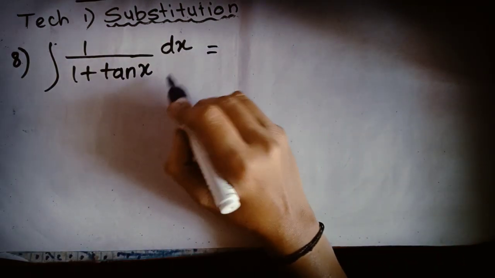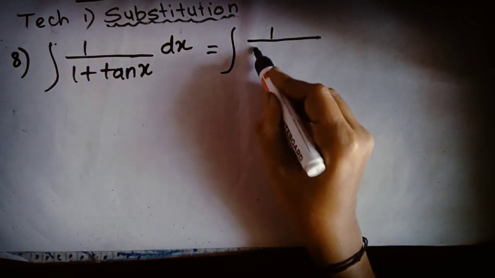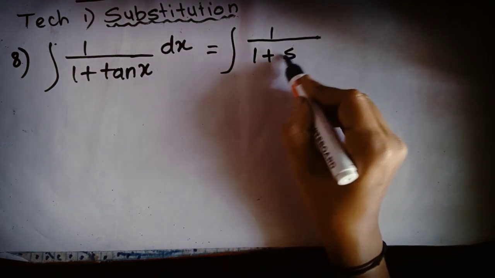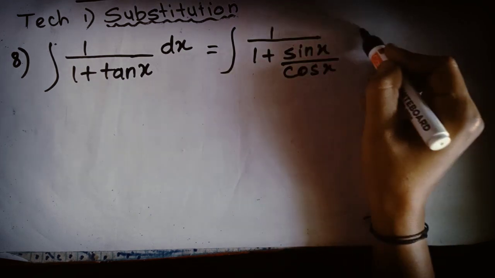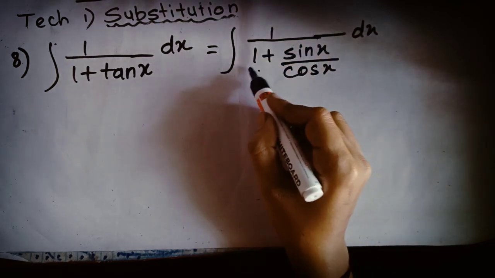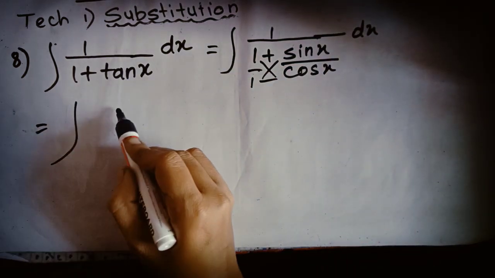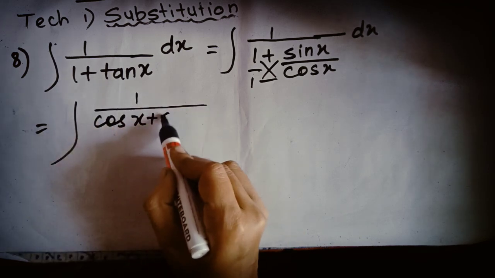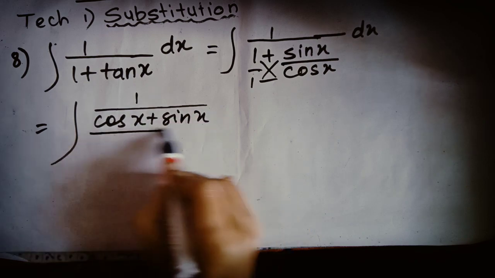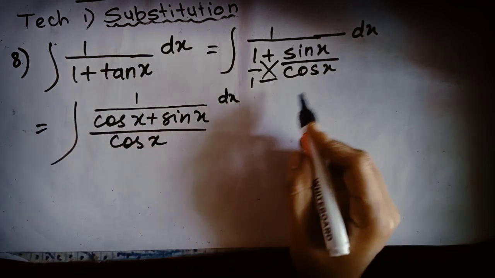Okay, let's solve this. So 1 plus tan x is given, so you can use the trigonometric ratio. tan x you can write as sin x upon cos x. Do the cross multiplication, so this will be cos x plus sin x upon cos x dx, right?